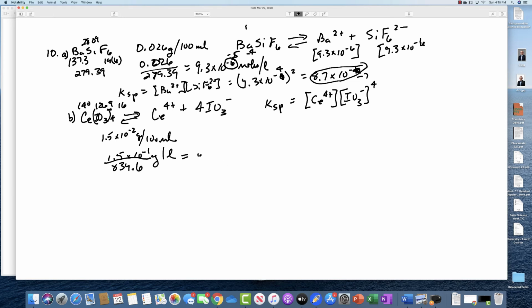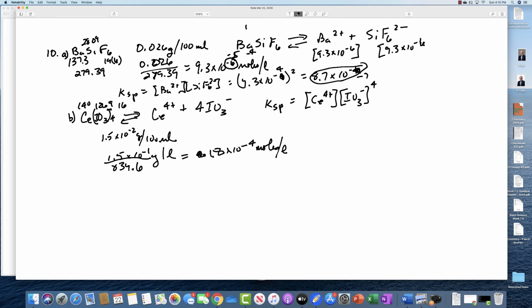So this is 0. Well, let's use exponentials. 1.8 times 10 to the minus 4 moles per liter. Yeah, this is definitely the way it should be up here. I did this wrong the first time.